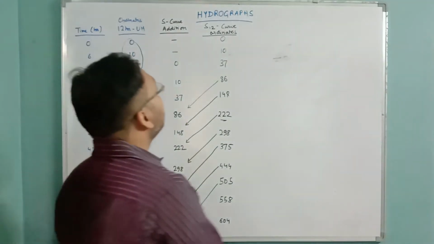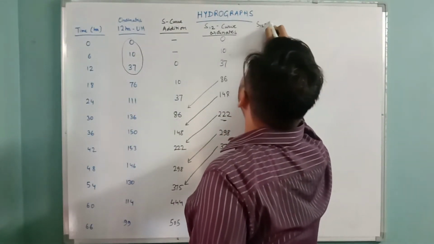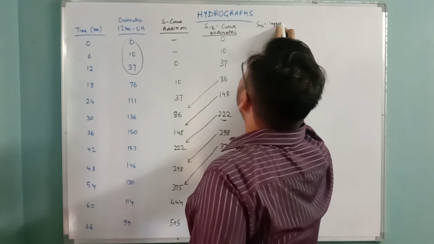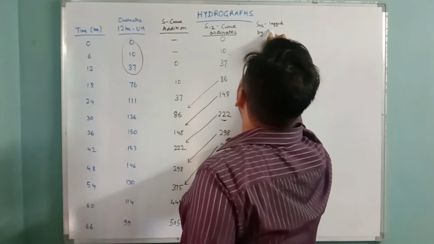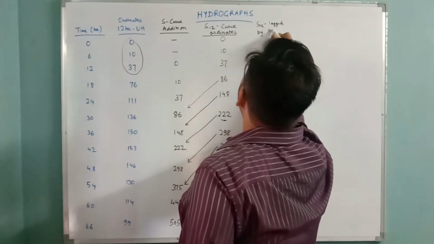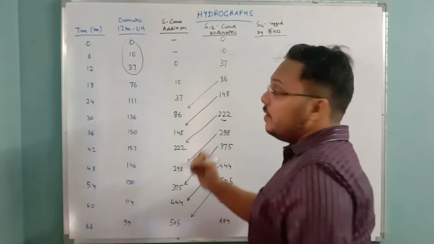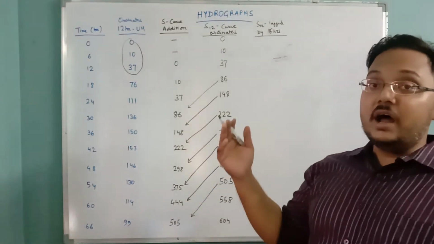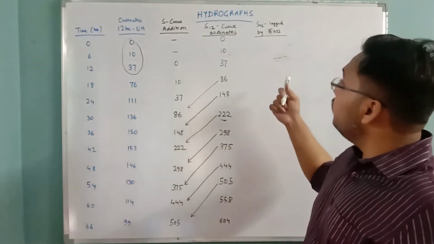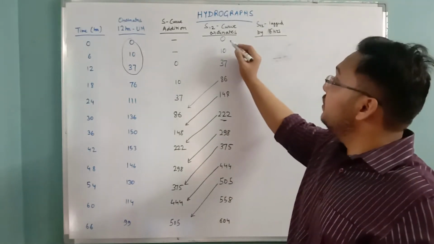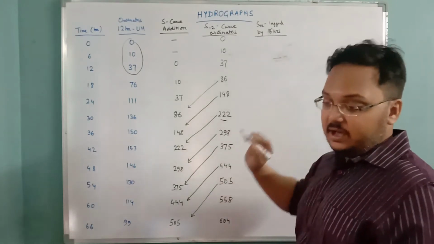Now what we are going to do is S12 lagged by 6 hours. Because we are going to find the 6-hour unit hydrograph, we will lag this S12 curve ordinates by 6 hours.